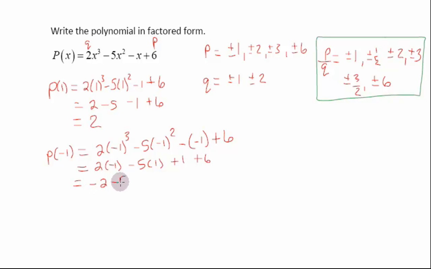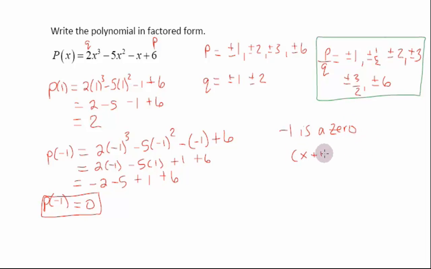Negative 2 minus 5 plus 1 plus 6. 7 and 7 equals 0. So p of negative 1 equals 0. I found a 0. That's what it means to be a 0. Negative 1 is a 0. All right, so now we have one of them. That means what is a factor? X plus 1 is a factor. So that means we can divide out x plus 1 from this.